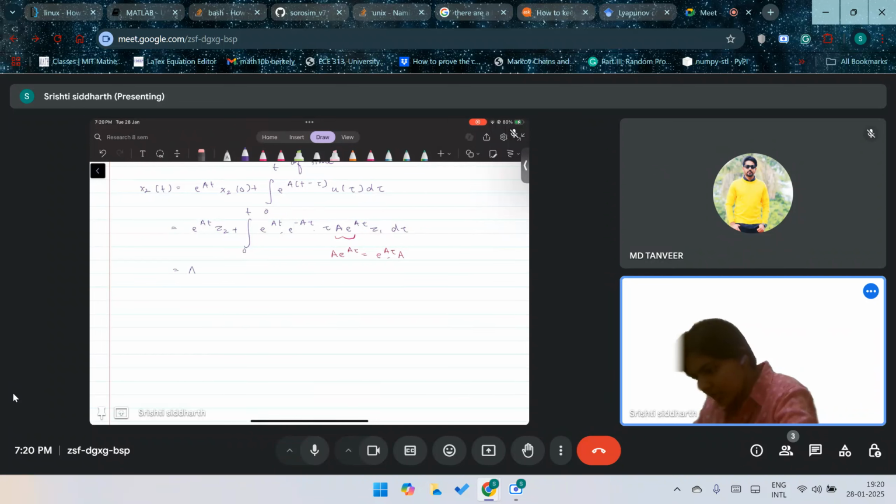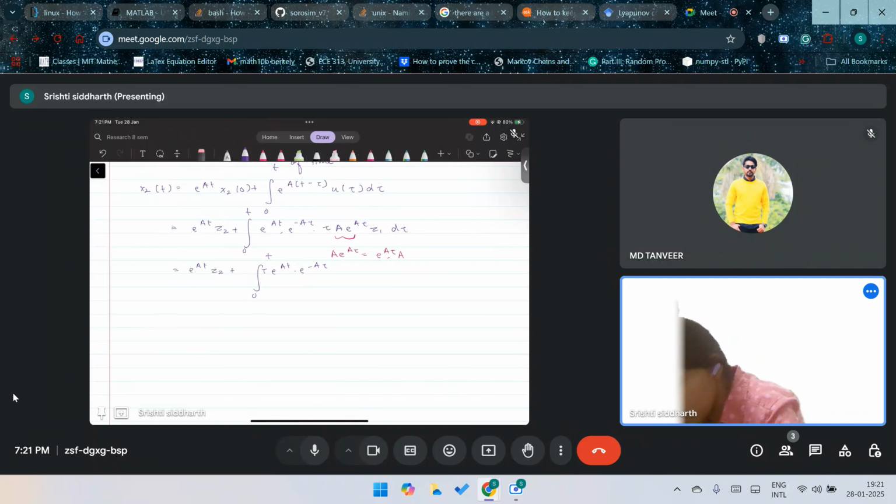Now there is a property of the state transition matrix in the LTI case, which is that these two commute. So we have e to the power At z2 plus, tau is just a scalar, so we have e to the power minus A tau times e to the power A tau, times A z1 d tau.